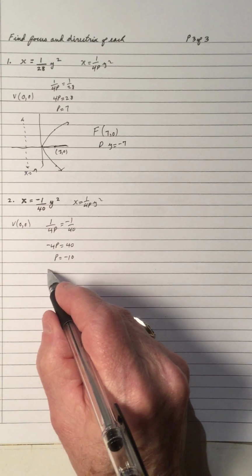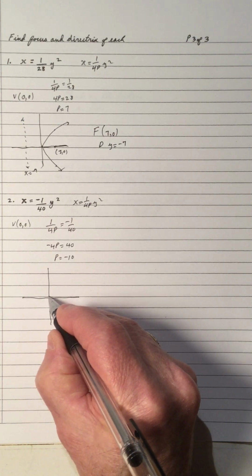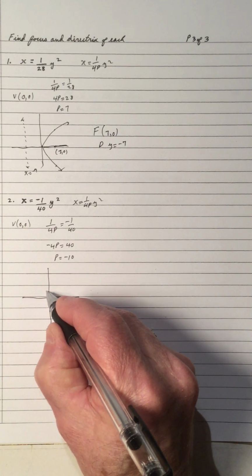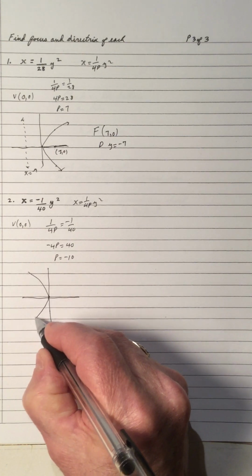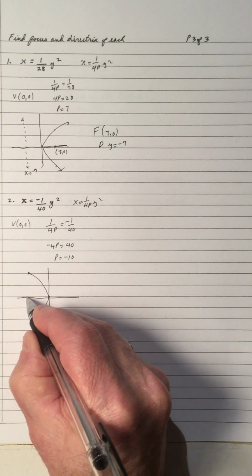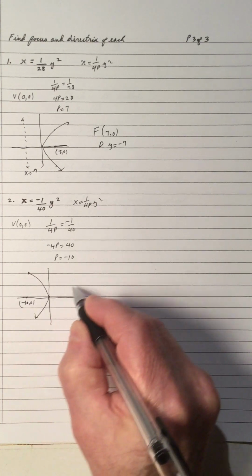So if we draw a picture, we got a vertex of 0, 0. P is negative 10, so that means the parabola is opening this way to the left. So the focus is negative 10, 0.